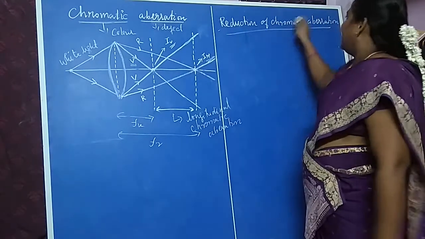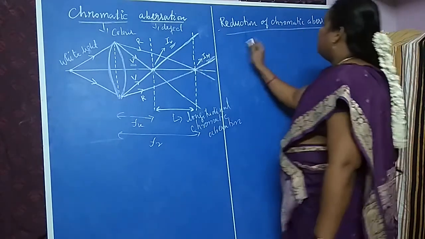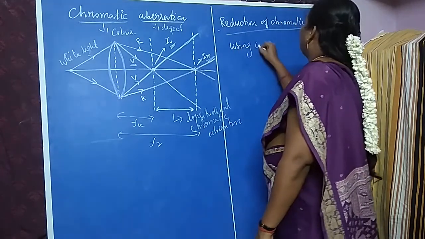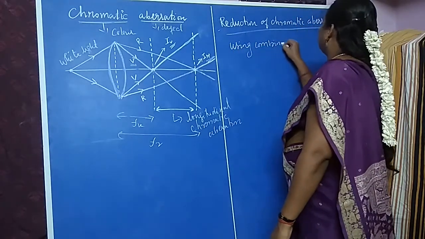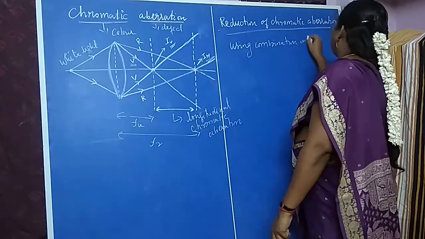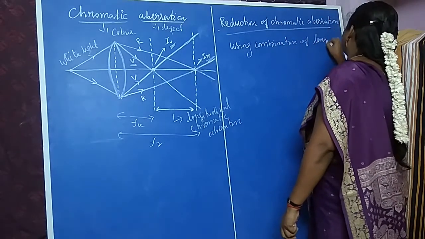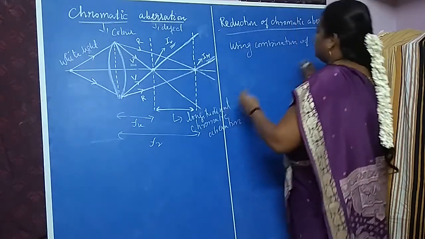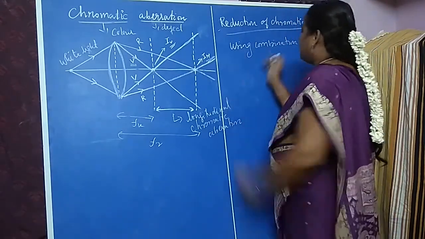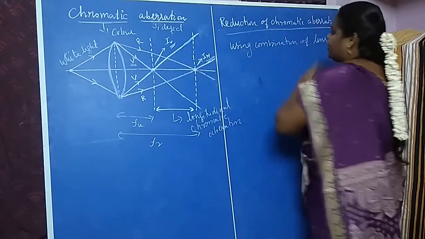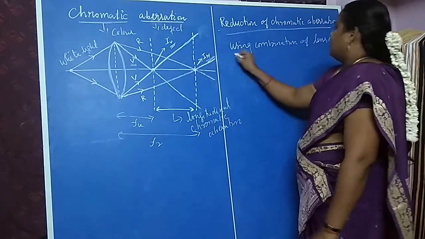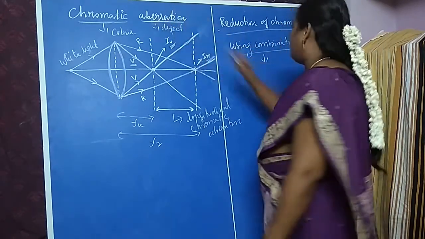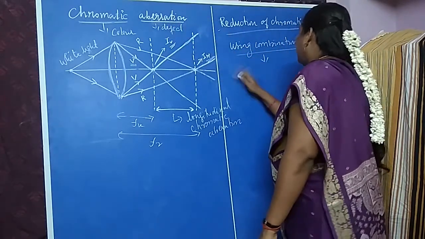This chromatic aberration is reduced by using a combination of lenses. We will have two combinations. Either the two lenses are in contact or separated by a distance. This combination of lenses, used to reduce the chromatic aberration, is called achromatic combination.